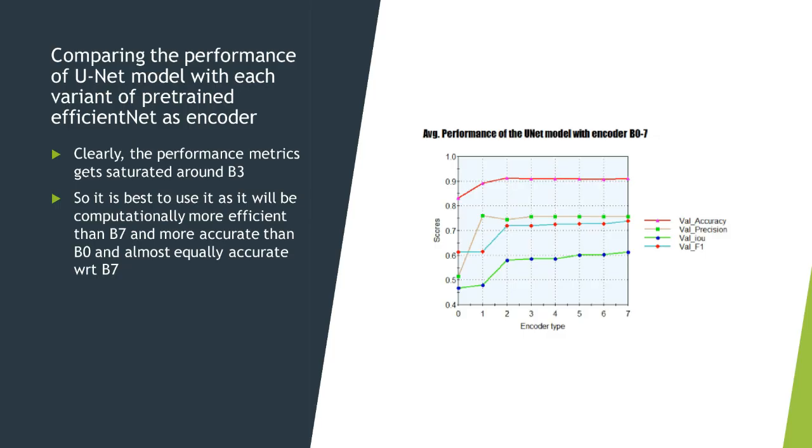Now, after training the UNet model for each of the variants of EfficientNet, we got a graph plotted which compares the performance of various EfficientNet models placed at the encoder side in the UNet model for image segmentation.